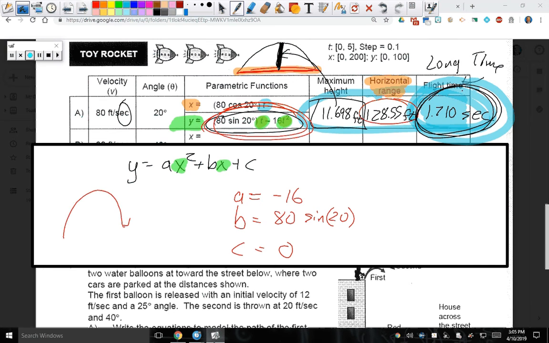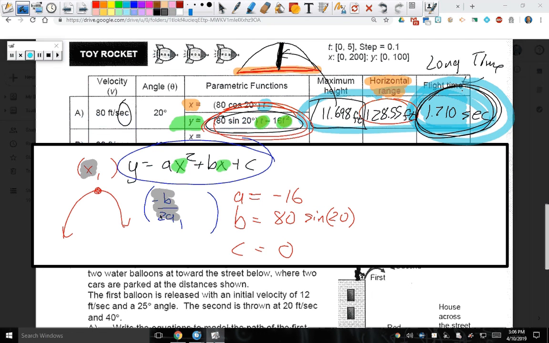And if you remember this, it's been a while. When you have a vertex that you're trying to find the x value to, the way you do that is you can use this and say negative b over 2a. That will give you the x value. You see what I'm saying?